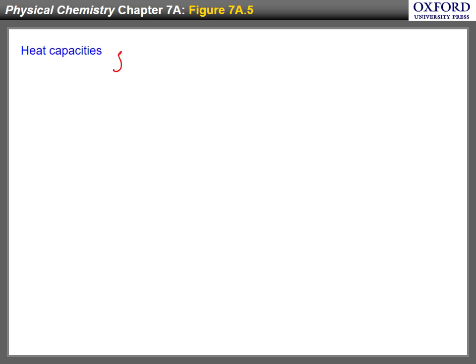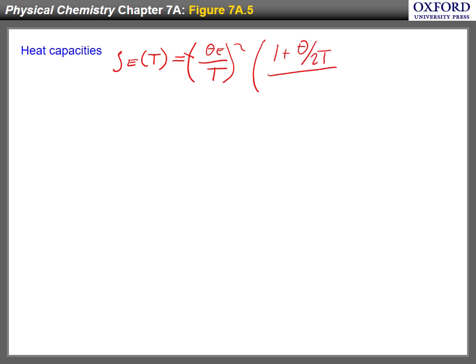So we have our expression, which is the Einstein constant divided by T squared, times 1 plus the Einstein constant over 2T, divided by 1 plus the Einstein constant divided by T, minus 1.